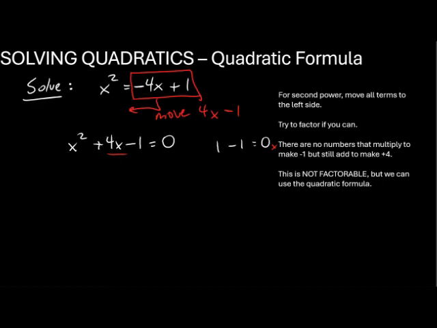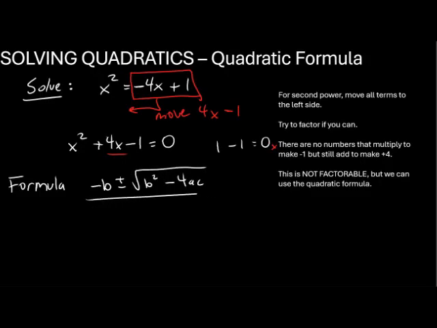Here's what the quadratic formula looks like. This will be negative b plus or minus square root b squared minus 4ac, all divided by 2a. The a, b, and c come straight from our quadratic equation, where a is the coefficient of the x squared term, b is the coefficient of the x term, and c is the constant term.